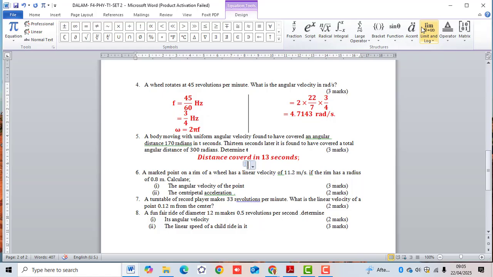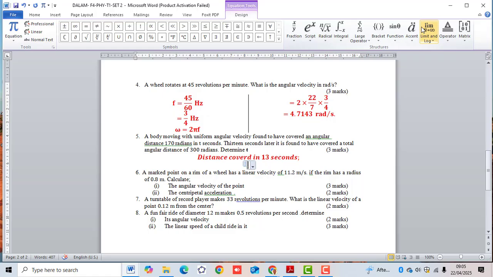Let us read the question. A body moving with angular velocity is found to have covered an angular distance of 170 radian in t seconds. In t seconds, it has already covered 170 radian. 13 seconds later, it is found to have covered a total angular distance of 300 radian.